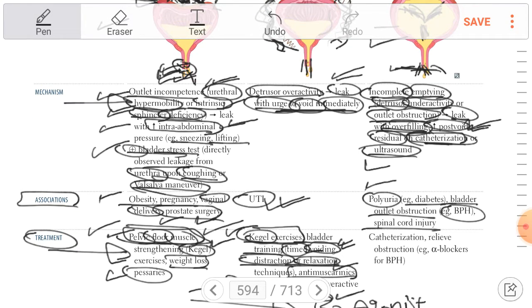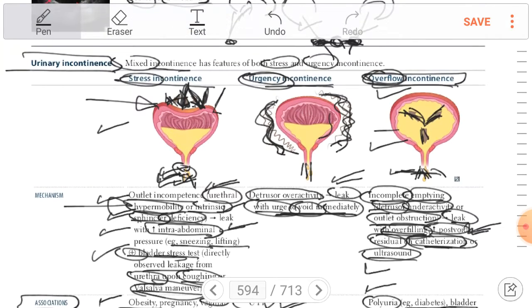Spinal cord injury. Why? The spinal cord controls the urinary bladder. So if there is injury, there is loss of control of the urinary bladder, so there is decreased voiding, so there is accumulation of urine inside the urinary bladder, leading to distension of the urinary bladder and overflow.